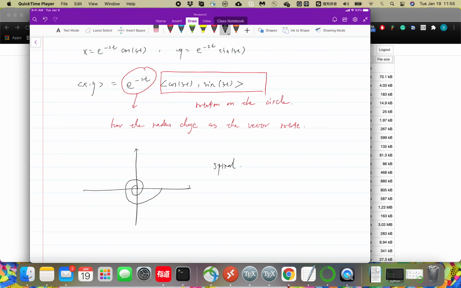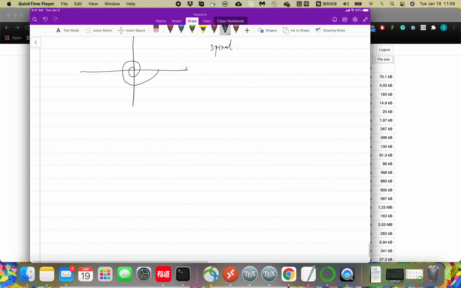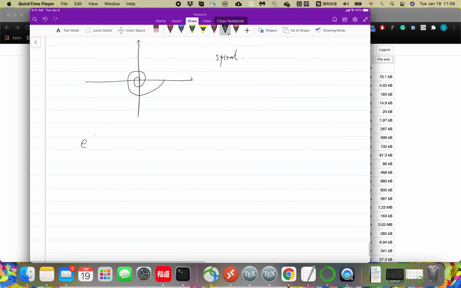So two distinct real eigenvalues give you two straight lines, and the two complex eigenvalues give you something which is rotating in a spiral. Okay. Moreover, if you have the a plus bi, which gives you e to the at cosine bt plus sine bt with I.